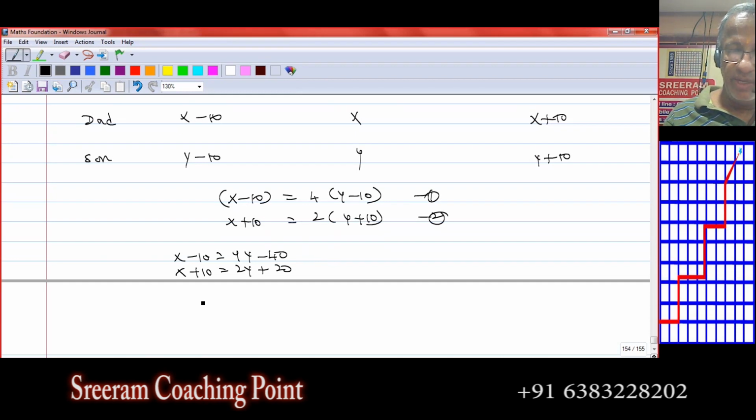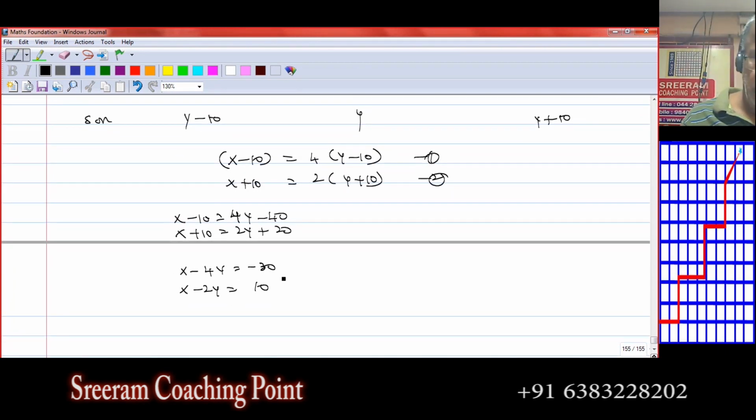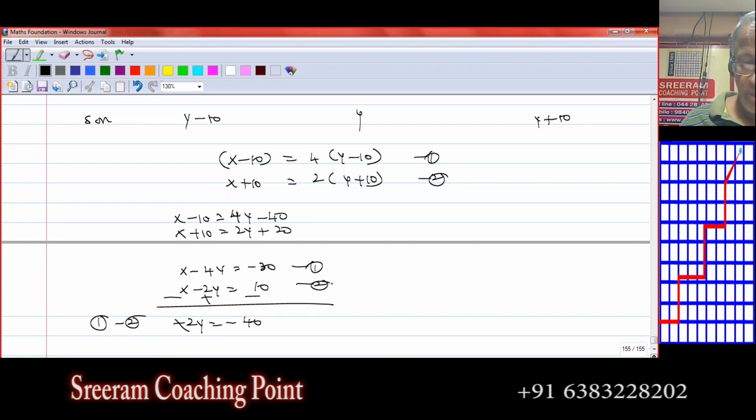So we will rewrite: x minus 4y equal to minus 30. x minus 2y equal to 10. So subtracting 1 from 2, minus 2y equal to minus 40. y is equal to 20.